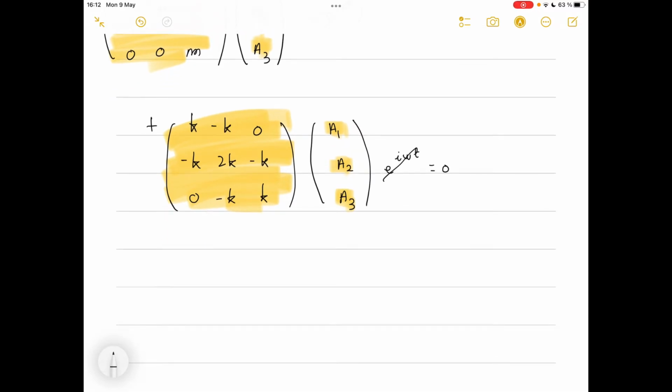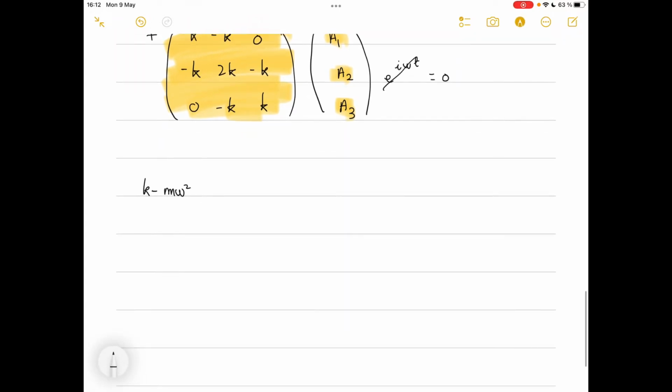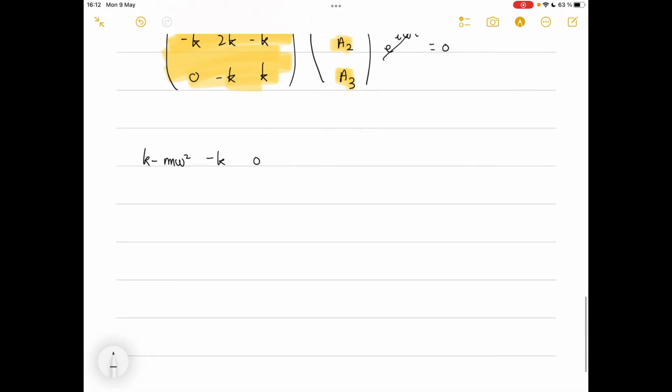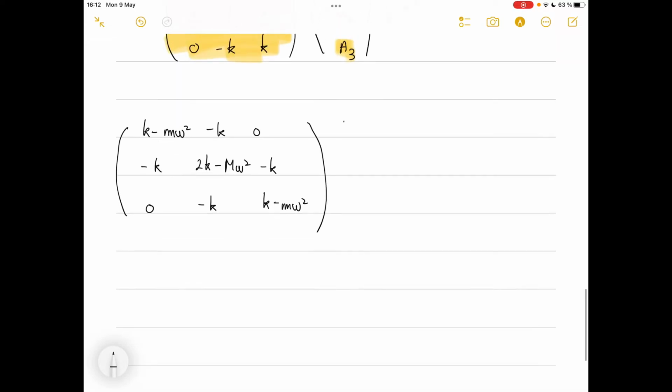We can write this as k minus m omega squared, minus k, 0, minus k, 2k minus M omega squared, minus k, 0, minus k, and k minus m omega squared, in one big matrix, times a1, a2, and a3 equal to 0.